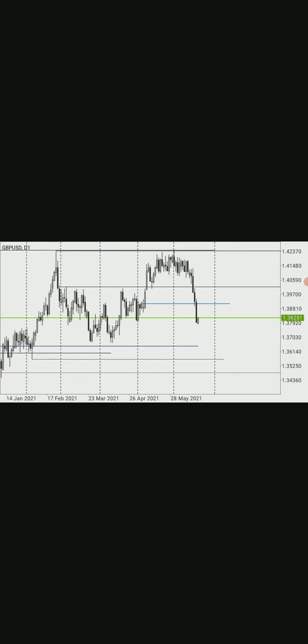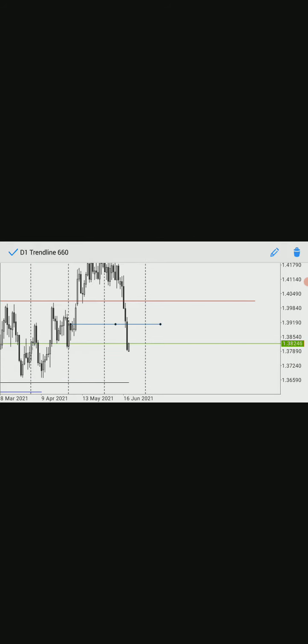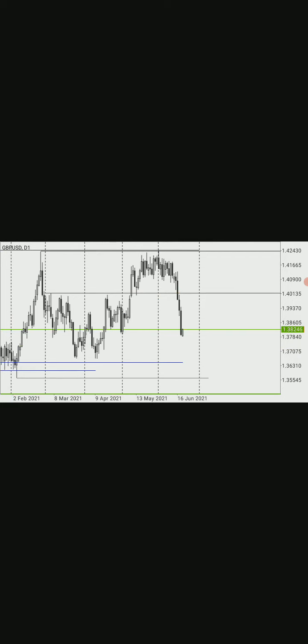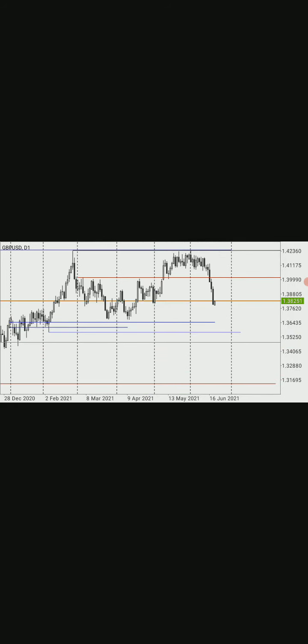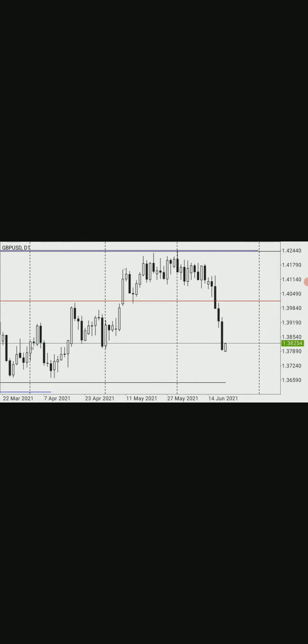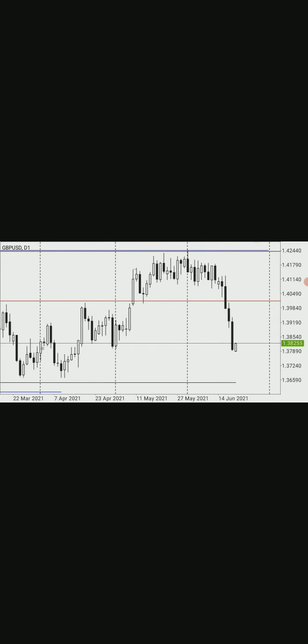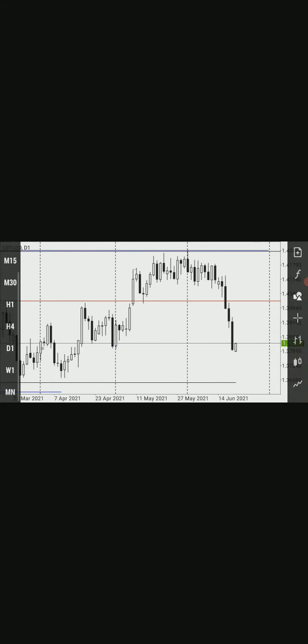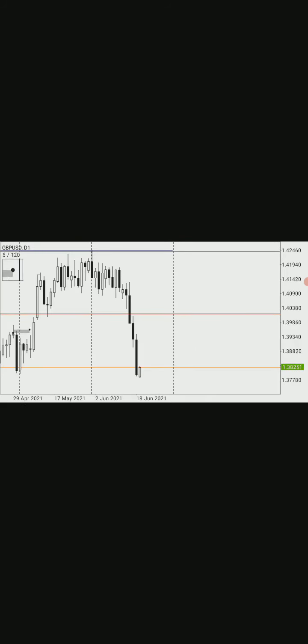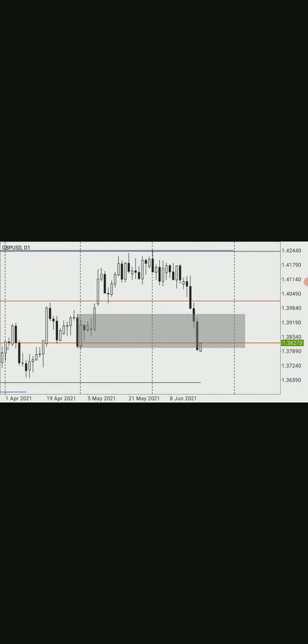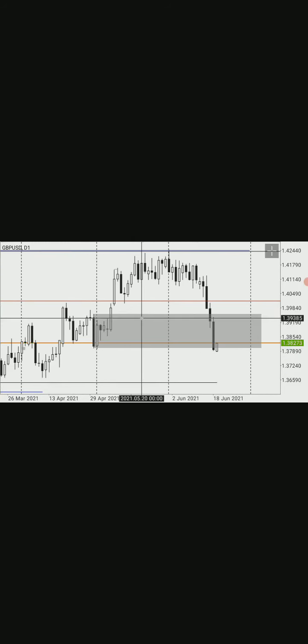All right, so let me take away this, no longer needed. So what do we see right here? We see that we are already in a particular sensitive area. All right, so we are already in a particular sensitive area, and the market already came.